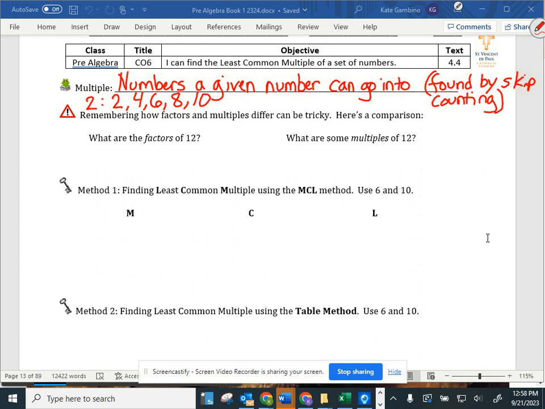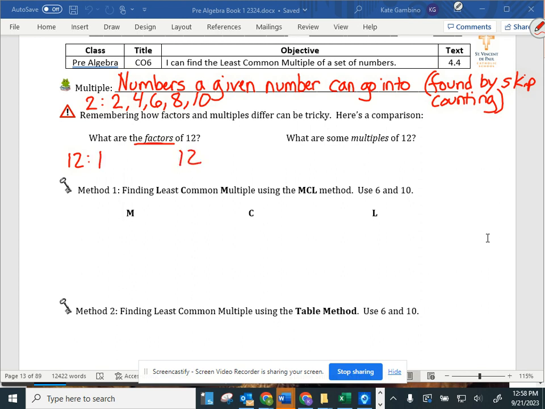So remembering how factors and multiples differ can be tricky. So here's a comparison to see the difference. When we talk about factors, I want you to think of the factor buddies. Factor buddies are the two numbers you multiply together to get to that number. So factors of 12 would be what? 1 and 12.